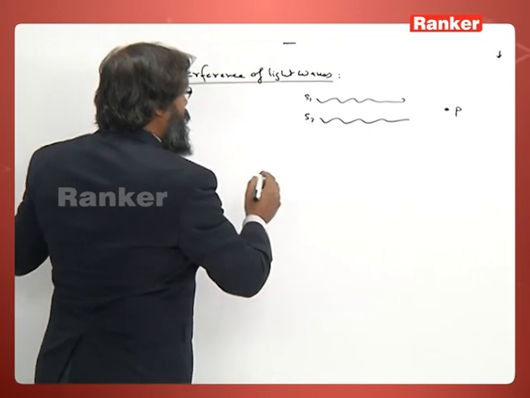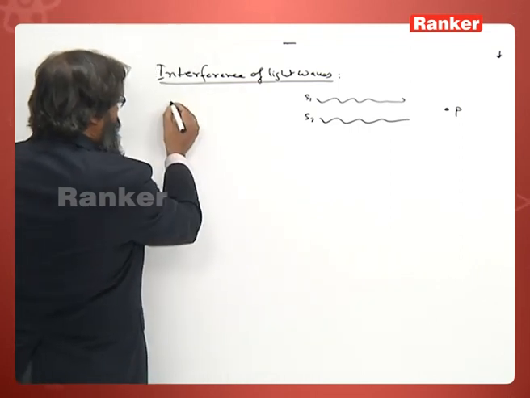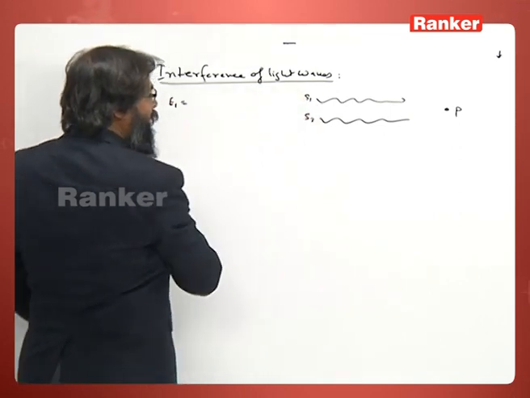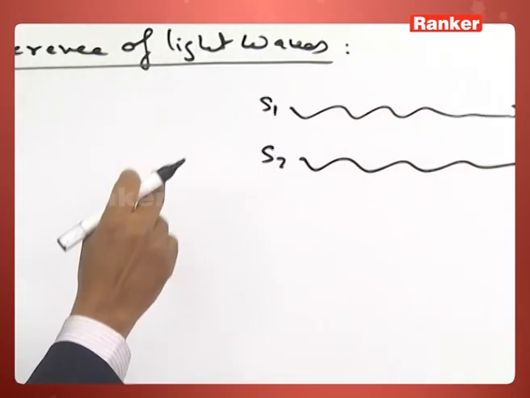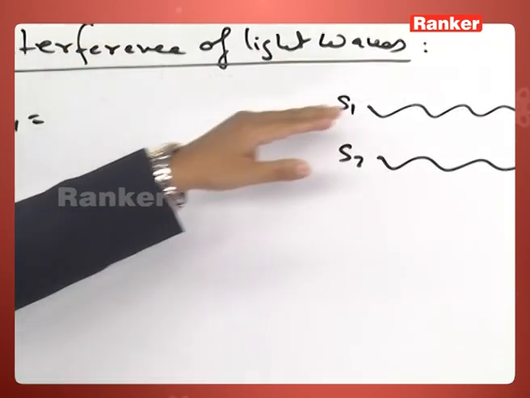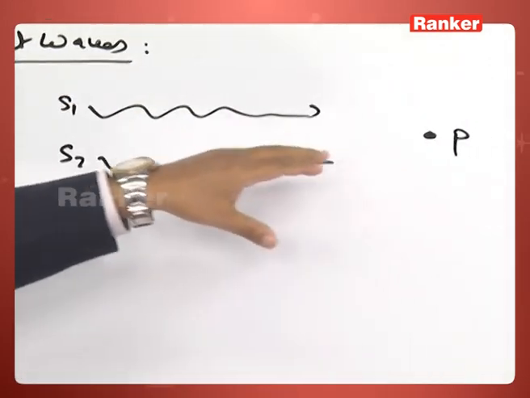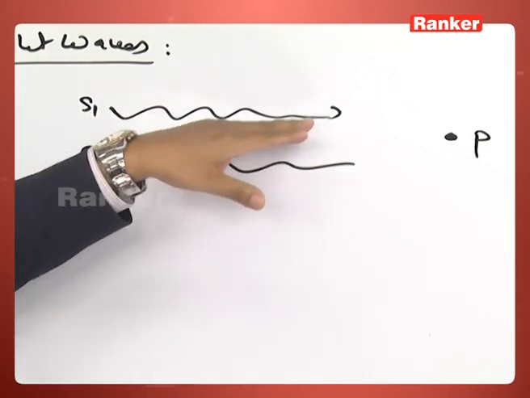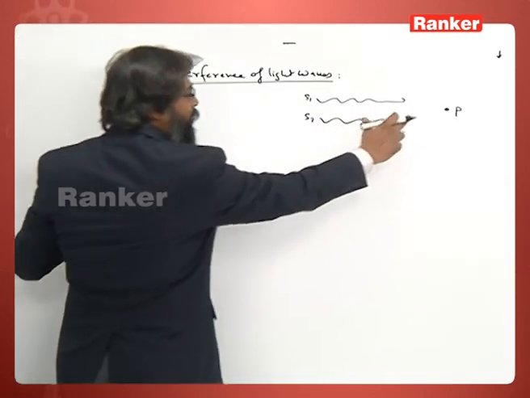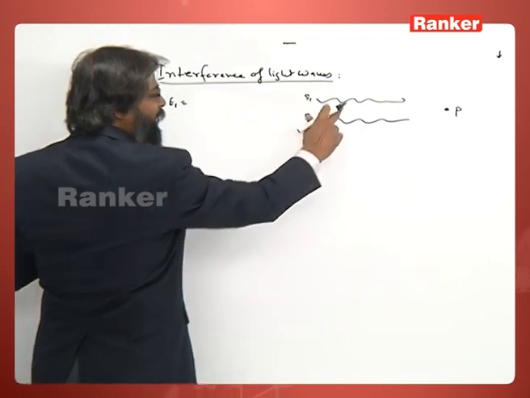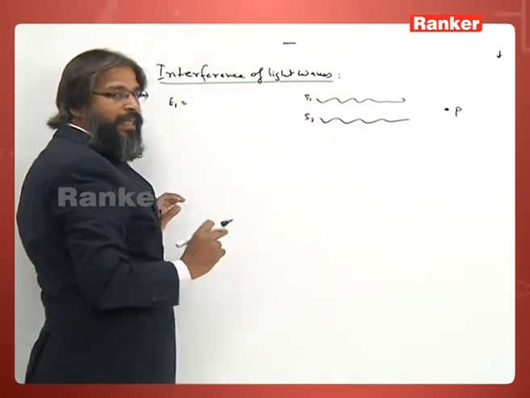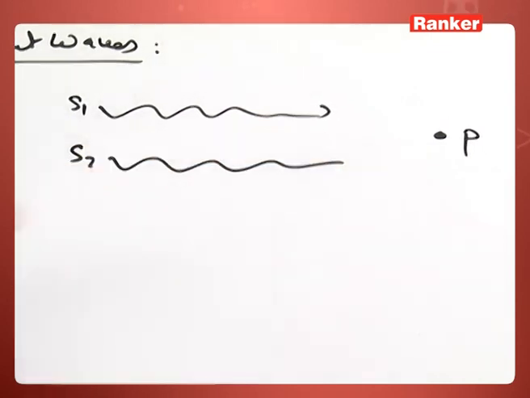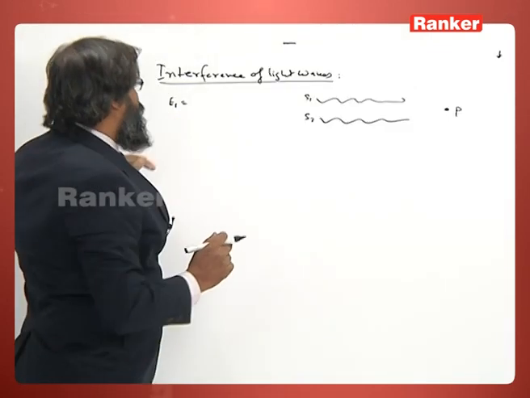So, let us denote the electric field coming out from this S1 wave, that is the electromagnetic wave. When an electromagnetic wave reaches here, generally the electrical properties will dominate at P. That means the magnetic properties of this electromagnetic wave will not be dominant. So, the dominating field is E1.